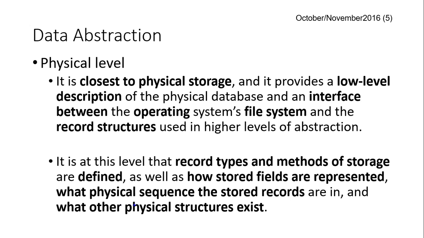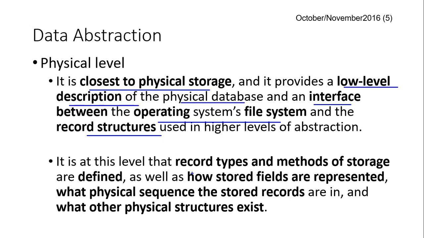So let's summarize what is there in the physical level. The physical level is the closest to the physical storage area, and it provides a low level description of the physical database, and it is the one that interacts with the operating system and file system. So you have this operating system that has a file system, and we must know how the records are being structured.